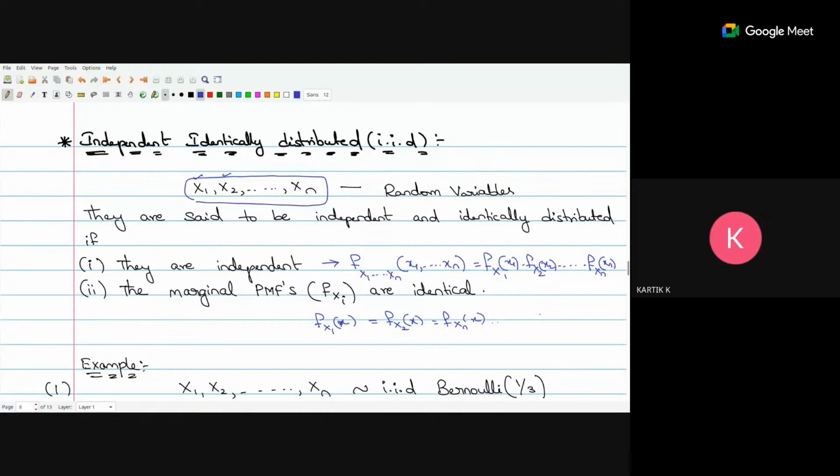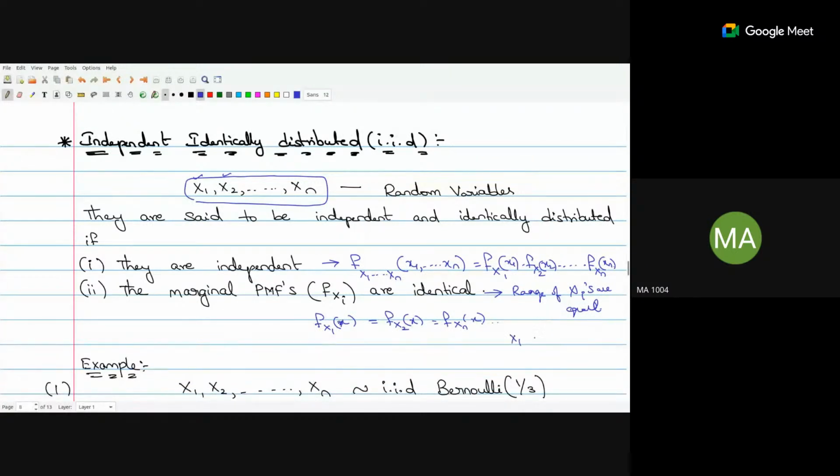Sir, can we say that the probability of random variable x1 taking value, say, 1 is going to be the same as x2 taking value 1 and xn taking value 1? Correct. So what we mean by identical is all the ranges of the xi's are equal, and within that range, the corresponding probabilities are also the same.